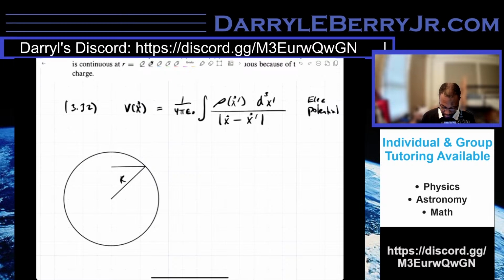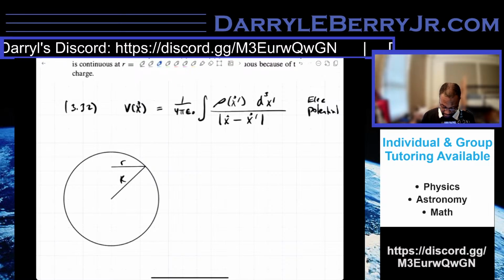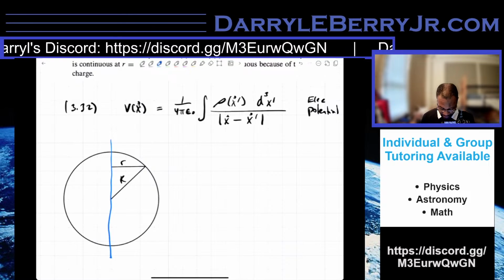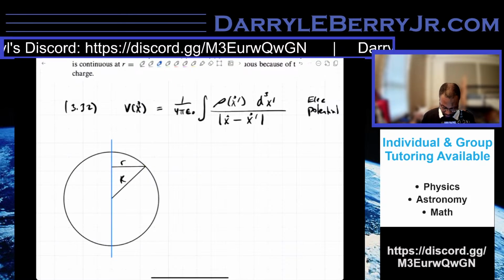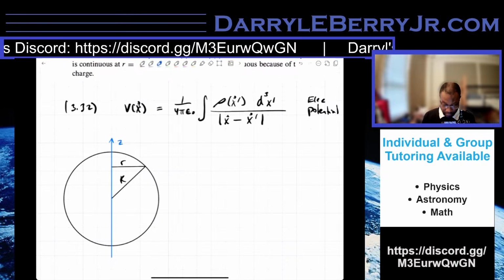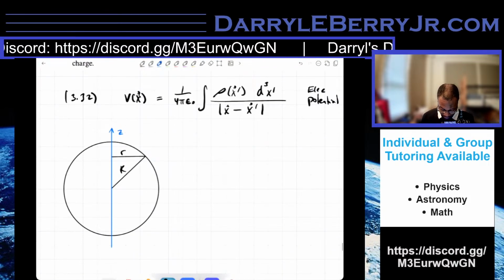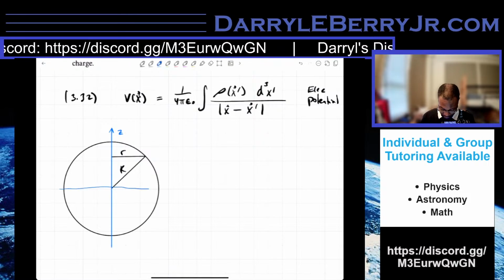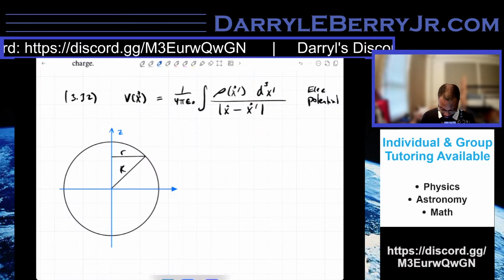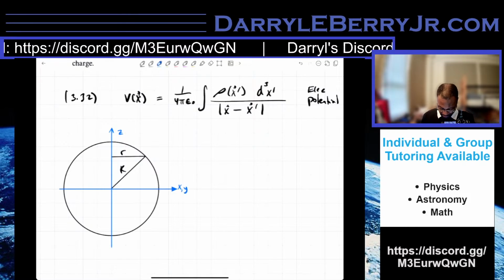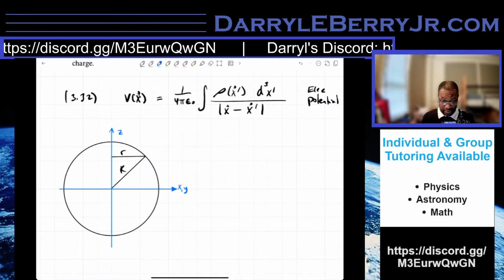We'll call this R. We can label this the z-axis, and this would be the origin. So we're looking at it sideways, so the X and Y look the same, in the same direction.